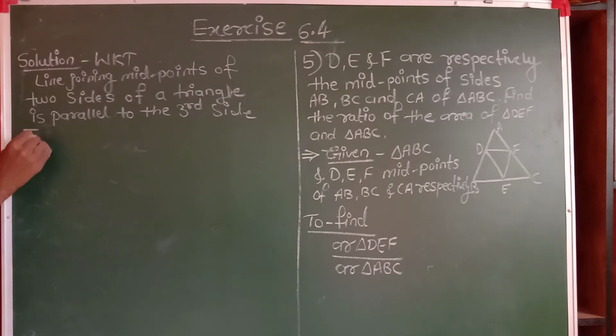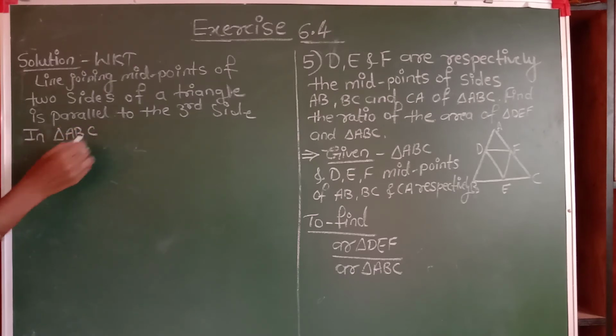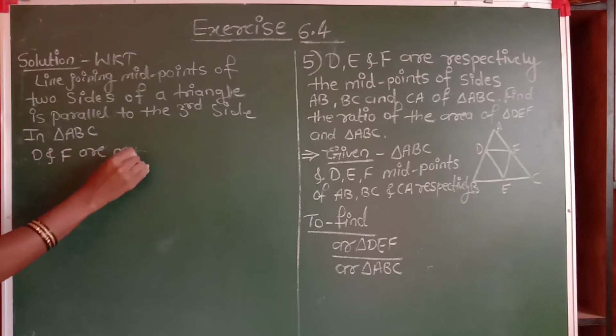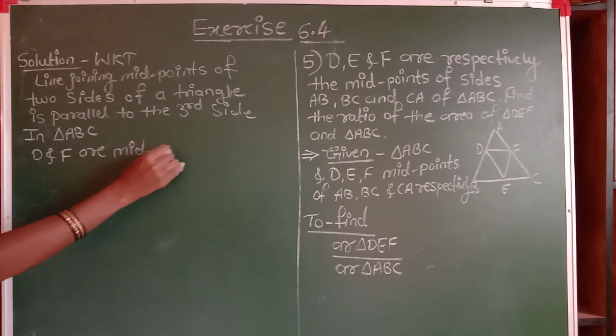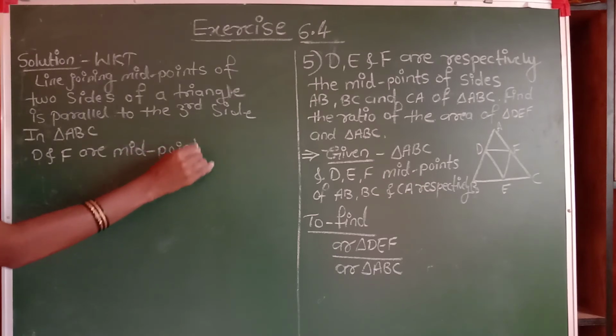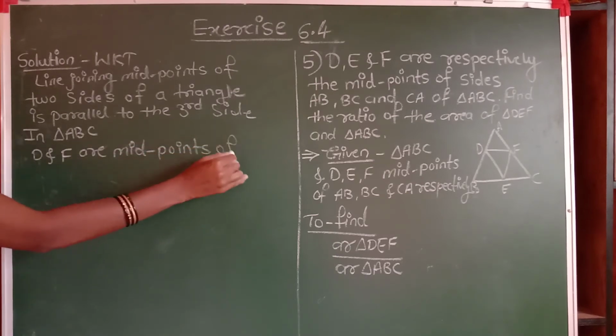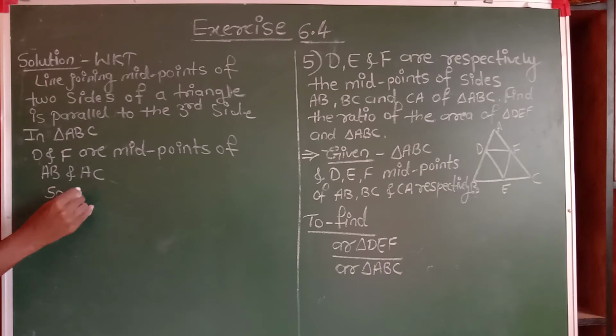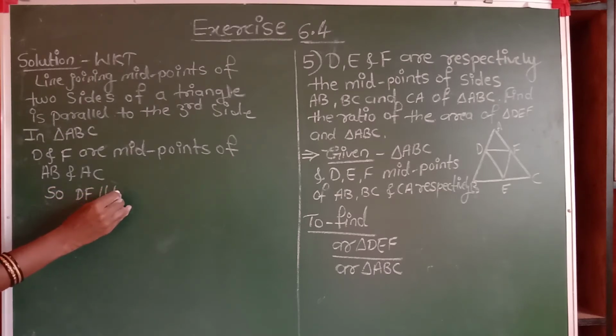Next, in triangle ABC, D and F are midpoints of AB and AC. So DF is parallel to BC. This is first.